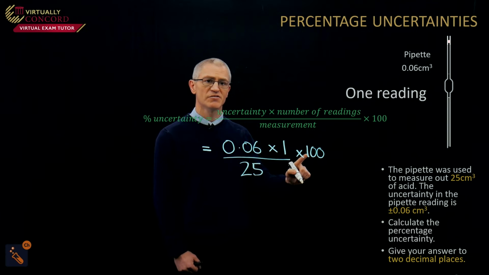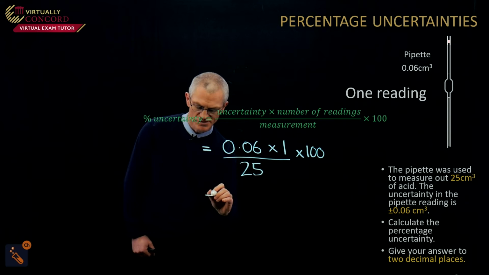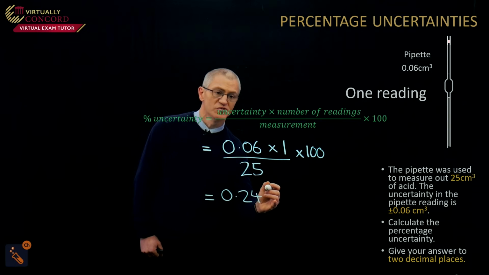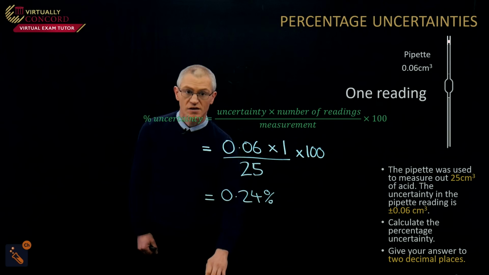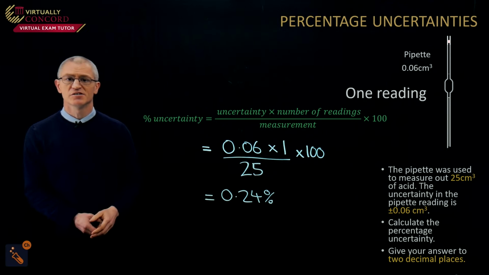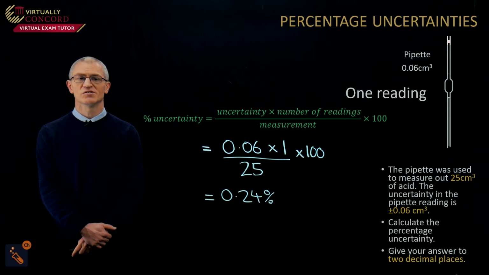Okay, so there is our calculation, and that equals, if you put it in a calculator, 0.24%, okay, and that is the simplest version and the way in which you calculate percentage uncertainty when you have a piece of apparatus with 1 reading.